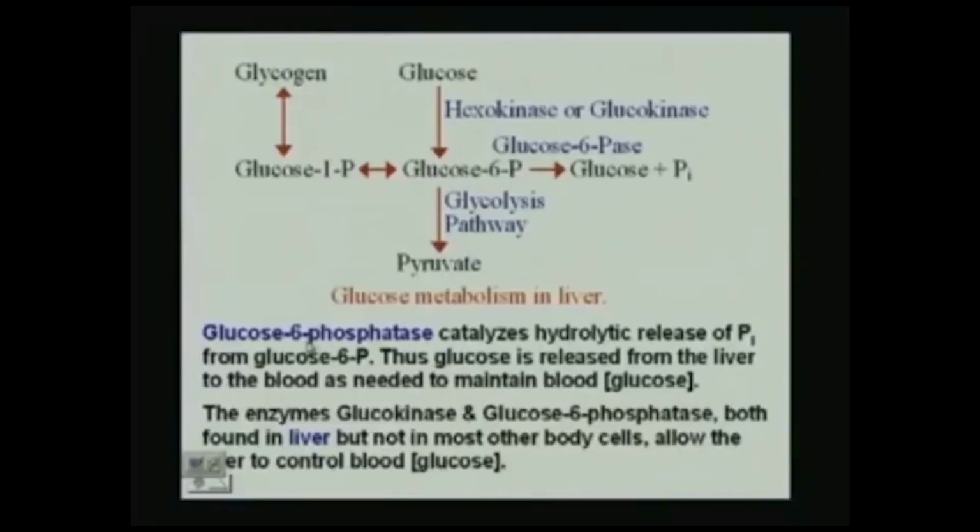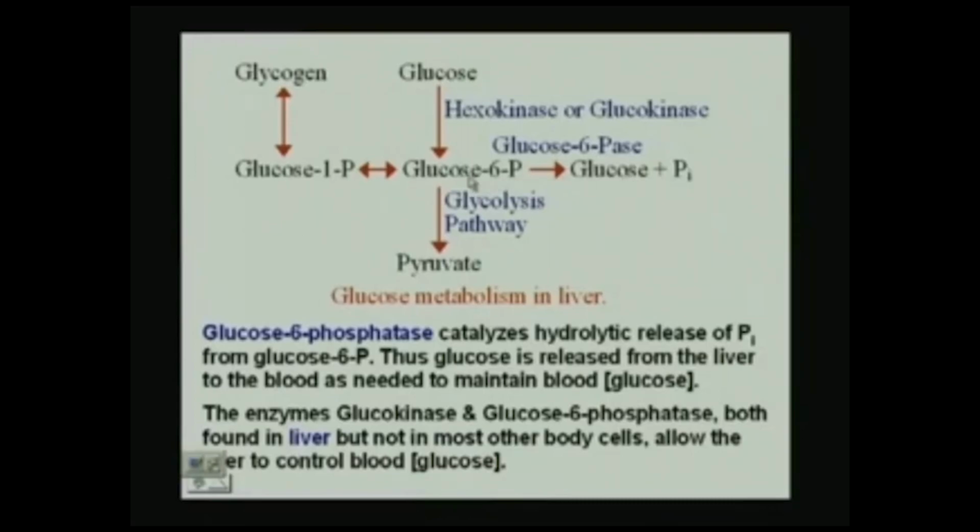Then glucose 6-phosphatase catalyzes the hydrolytic release of Pi from glucose. If you look at the step here, you had glucose 6-phosphate formed, but there is another enzyme, glucose 6-phosphatase, that can release the phosphate, but this happens only in the liver, where the glucose can be stored.